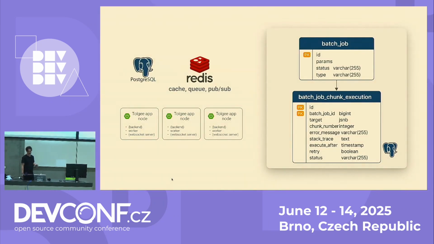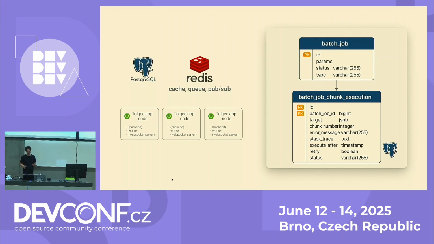In Tolgee, we basically have two options for how we can deploy the service. The first option is Tolgee Cloud, where we have a PostgreSQL database as the central point for everything, and we have Redis. We are managing these two services, but Redis is stateless. We don't care if Redis dies.